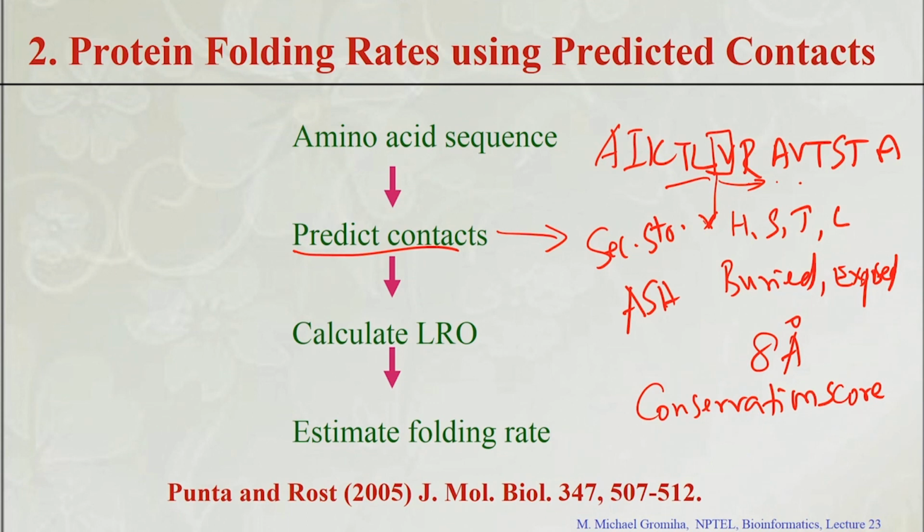Once the contacts are known, can we predict the LRO? Yes, we can, because we only need a cutoff of 12 residues: we calculate the number of contacts between residues separated by more than 12 residues. Once we get the LRO, then we can get the folding rate. Now, this is an indirect method to predict the folding rate using predicted contacts.